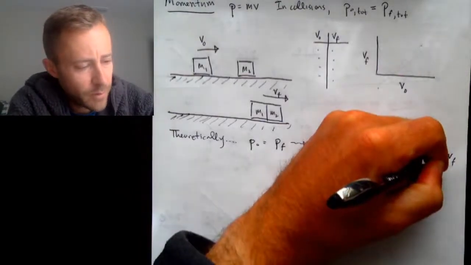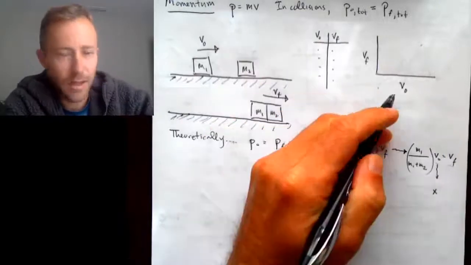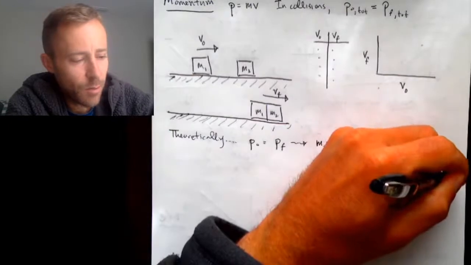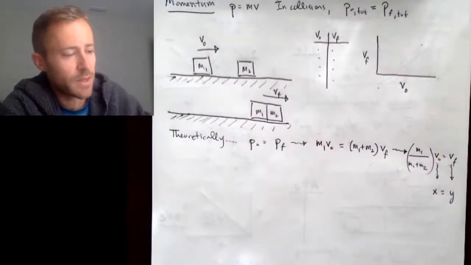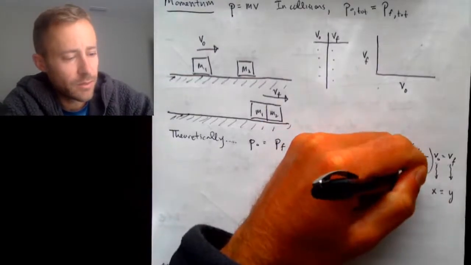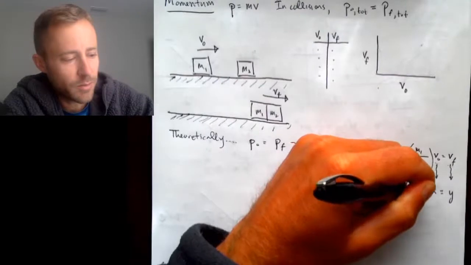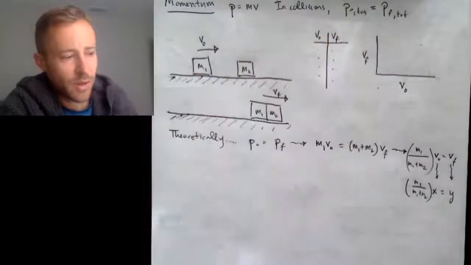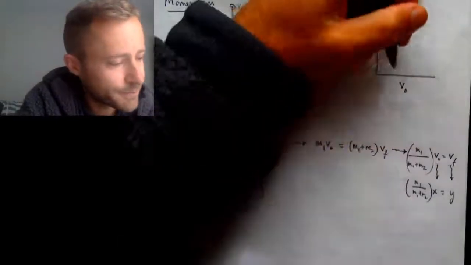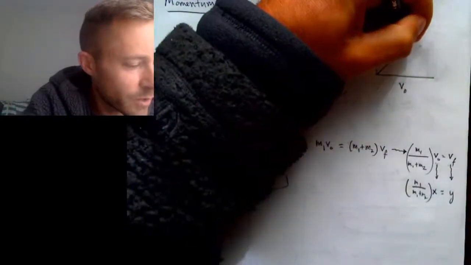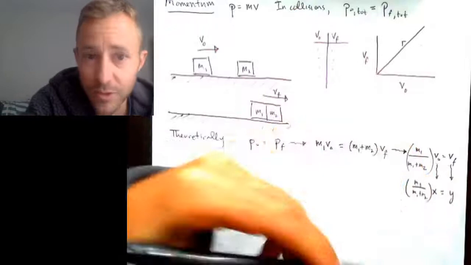I have v initial acting like x because it's on the horizontal axis. v final is acting like y because it's on the vertical axis. And I can see that the thing multiplying x is m1 over m1 plus m2. So if I graph this data, theoretically, it should be a straight line. And the slope of that straight line is related to the masses of the objects in the experiment.